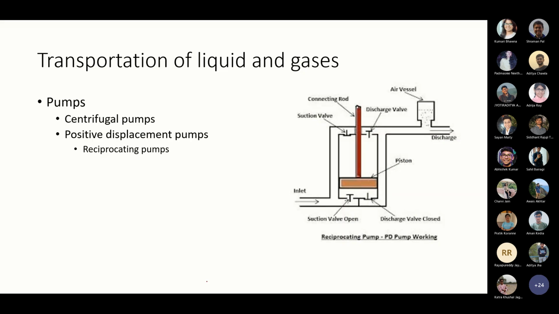So there is another type of pumps called positive displacement pumps. They are called reciprocating pumps. What will happen in the reciprocating pumps?